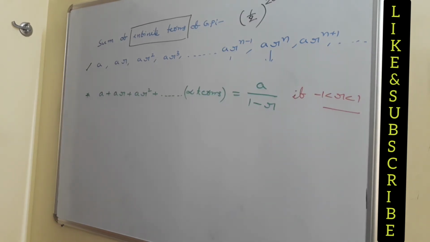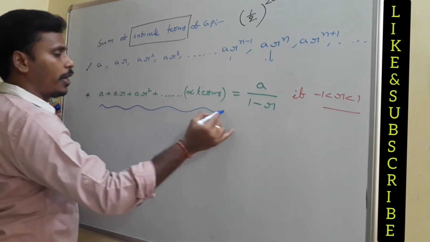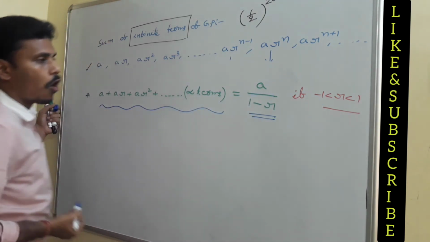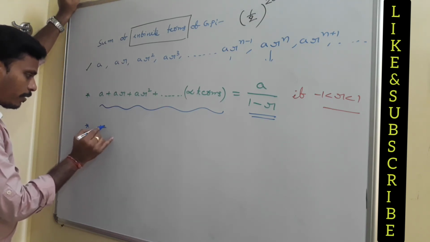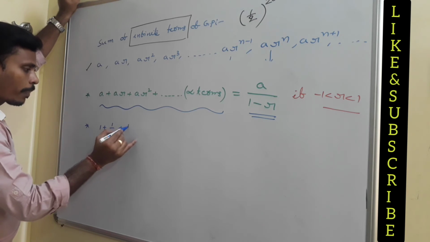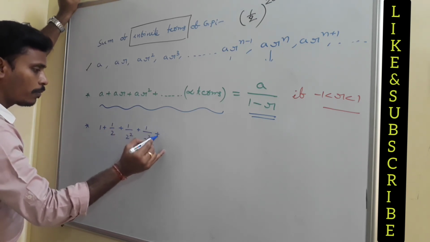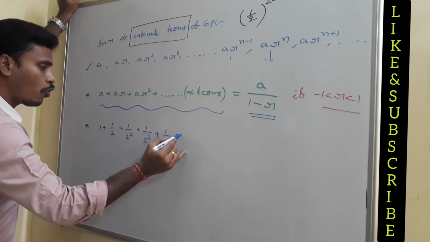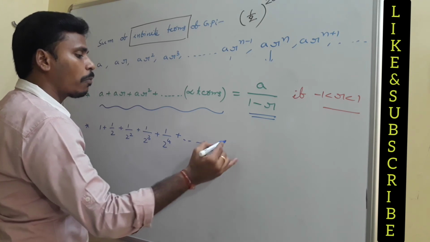As a conclusion of the discussion, the sum of infinite terms of the geometric sequence a, ar, ar square up to infinite terms is just a by 1 minus r if that r is in between minus 1 and 1. For example, if I give you a problem like this, 1 plus 1 by 2 plus 1 by 2 square plus 1 by 2 cube plus 1 by 2 power 4, like that, I am extending this for infinitely many terms.